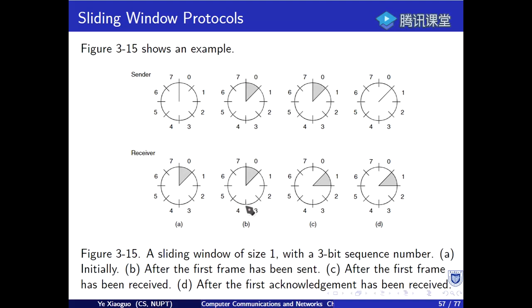Subfigure B shows the state after the first frame has been sent. C shows the state after the first frame has been received. And D shows the state after the first acknowledgement has been received.